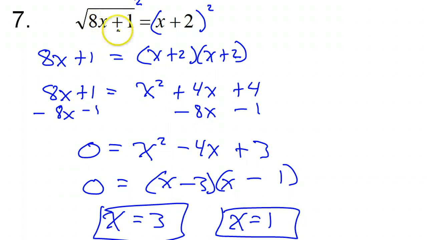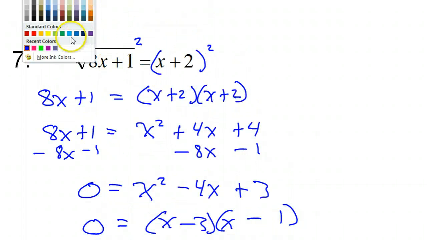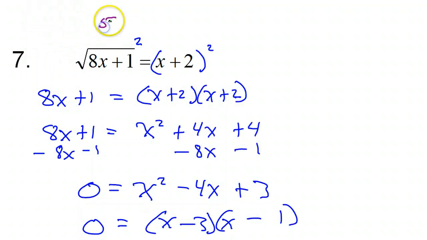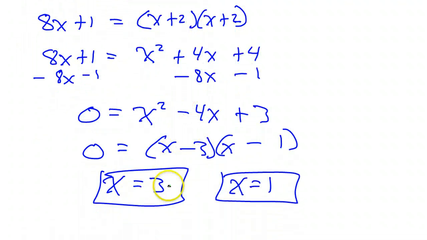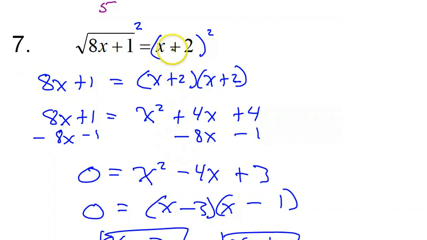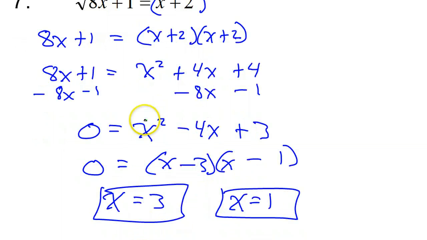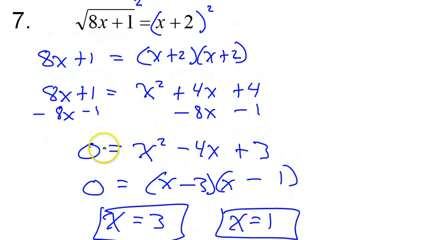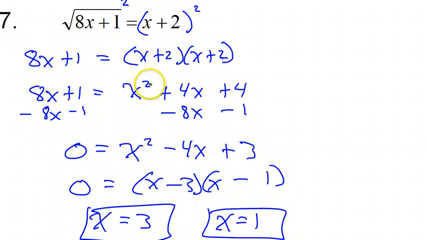So on the left side, I'm getting 5. If I put 3 in right here, I'm going to get 3 plus 2. That's also 5. So it does check out. So that's the answer to number 7. Similarly, if you substitute 1 in, you're going to get 3 and 3. So there are 2 solutions to number 7.